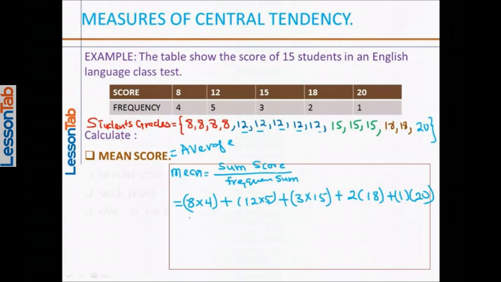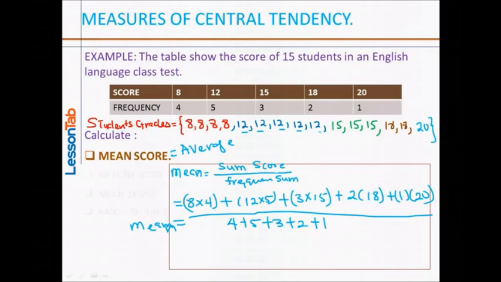Now we divide all of that by the sum of frequencies, which will be 4 plus 5 plus 3 plus 2 plus 1. All of this gives us the mean, or the average.